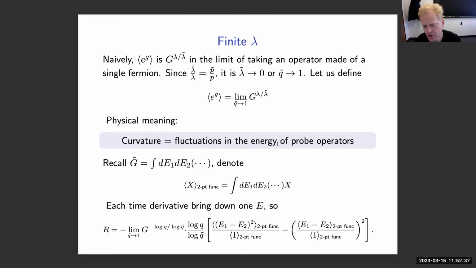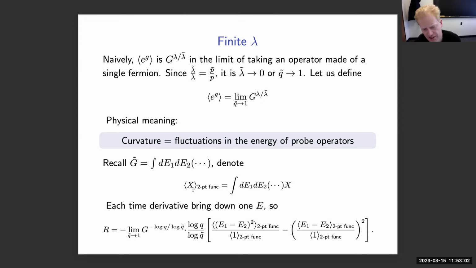Now, to explain why this is the case and to define it more precisely, let's first consider the following. Recall that we looked at the unnormalized two-point function before dividing by the partition function, G tilde, and it had some energy representation, right? It had two integrals over the energies and some integrand. Doesn't matter, we had some expression.